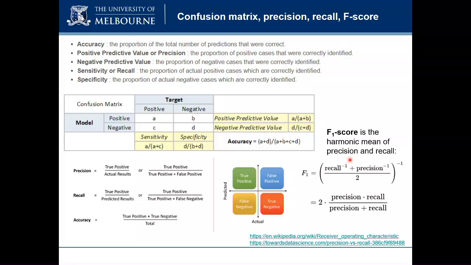People use the F1 score a lot, which takes the harmonic mean of precision and recall. The regular mean is A plus B over 2. The harmonic mean is this: that's the definition of harmonic mean, taking 1 over each, averaging, and then taking 1 over again. So that's the harmonic mean of precision and recall. That gives you the F1 score. So there is a lot more discussion on these.